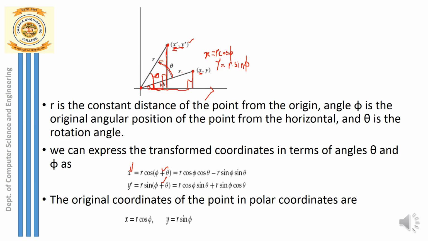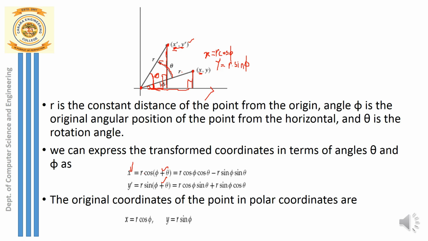So now this reminds us of a mathematical equation. So can I expand this using a formula? Cos phi into cos theta minus sin phi into sin theta. You can just keep this r outside if you want, or you can multiply and keep it as it is, r into cos phi cos theta minus r into sin phi sin theta.